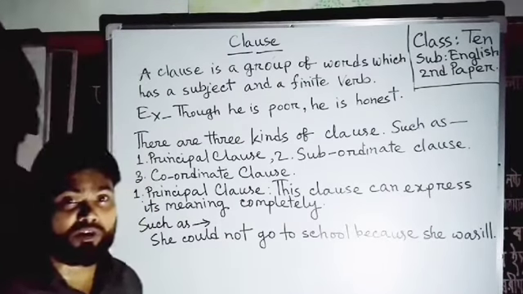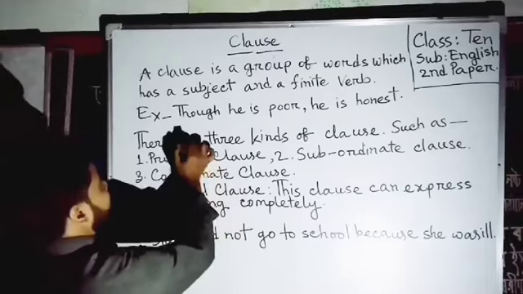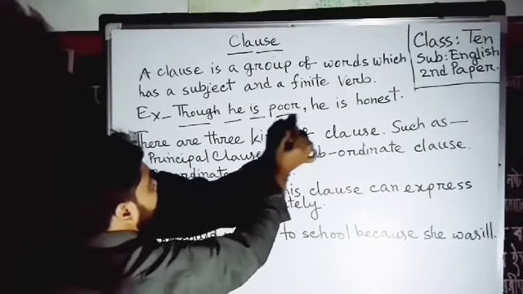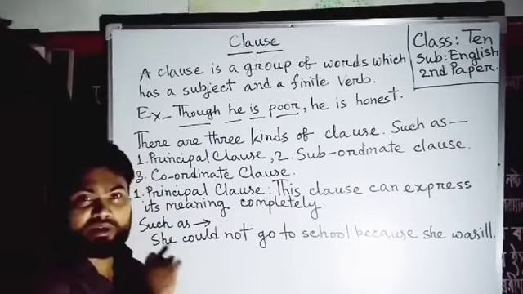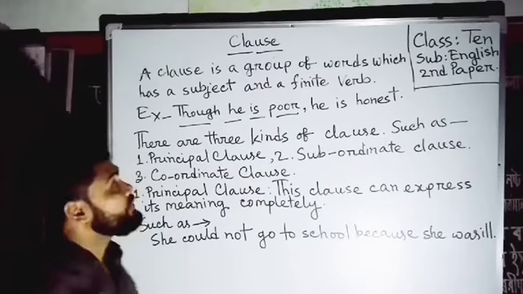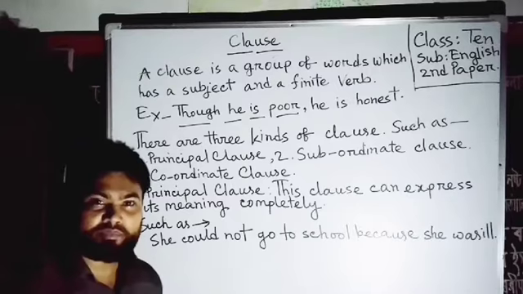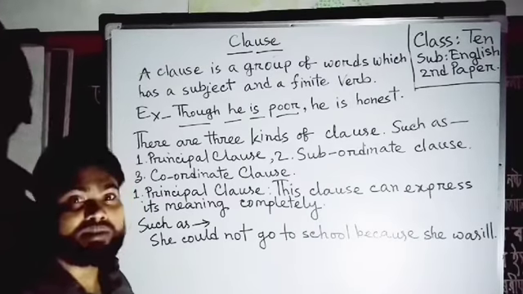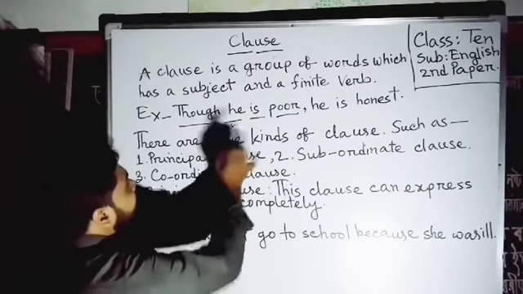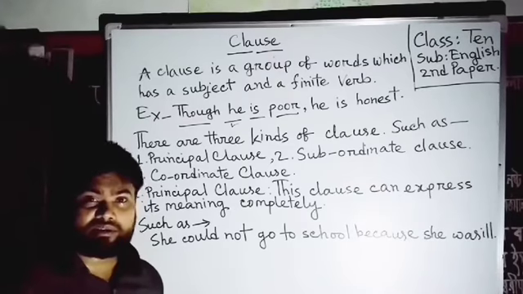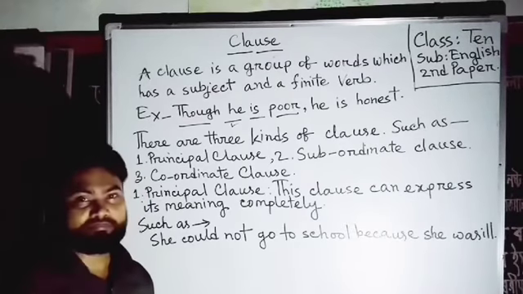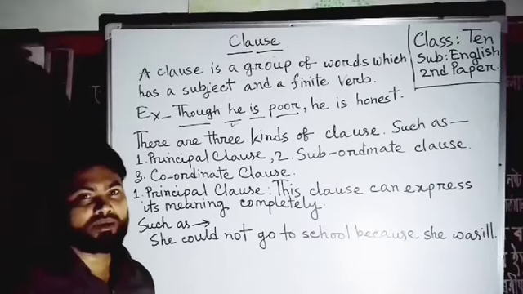So let's examine whether it is a clause or not. This part, though he is poor, it has a group of words. Next, it has a subject he. It has a finite verb is.